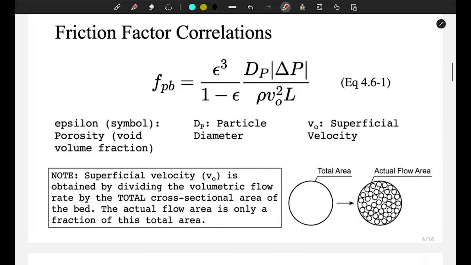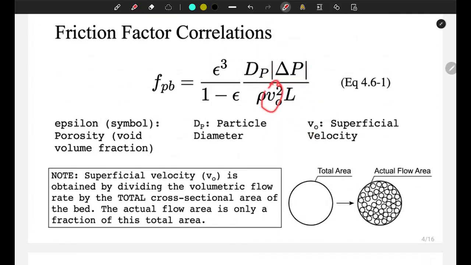Now let us understand the flow resistance. In packed beds, fluid does not flow straight. It moves through a tortuous path, creating more resistance. That's why we study friction factor correlations. For the friction factor correlation in packed beds, we use a formula which contains porosity, particle diameter, pressure drop, length of the column, and the density of the fluid.